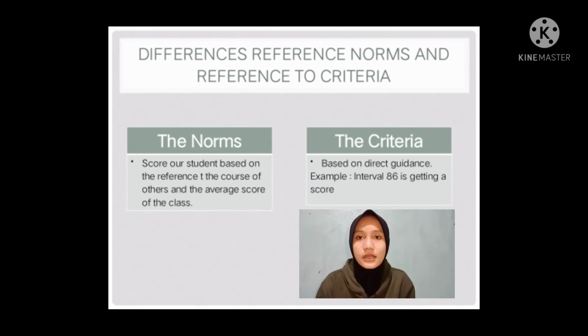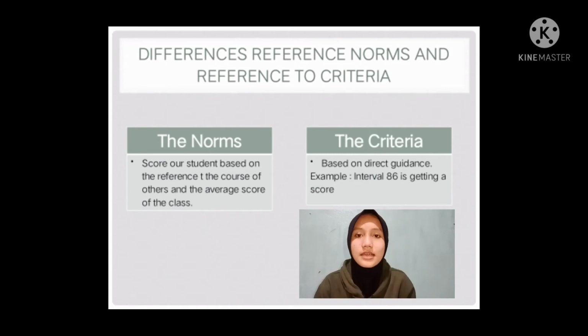Then, norm reference tests are designed to produce variability among individuals. To achieve this, some easy items are included. The test variability among the scorers reflects good measurement, while homogeneity indicates poor measurement to some extent.